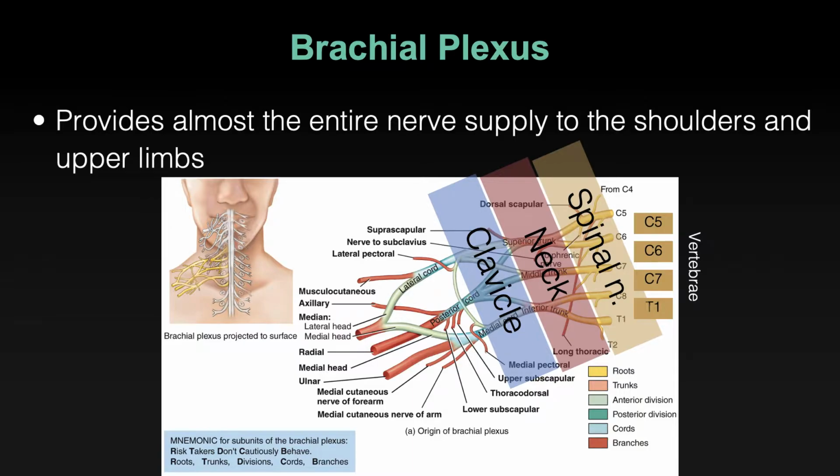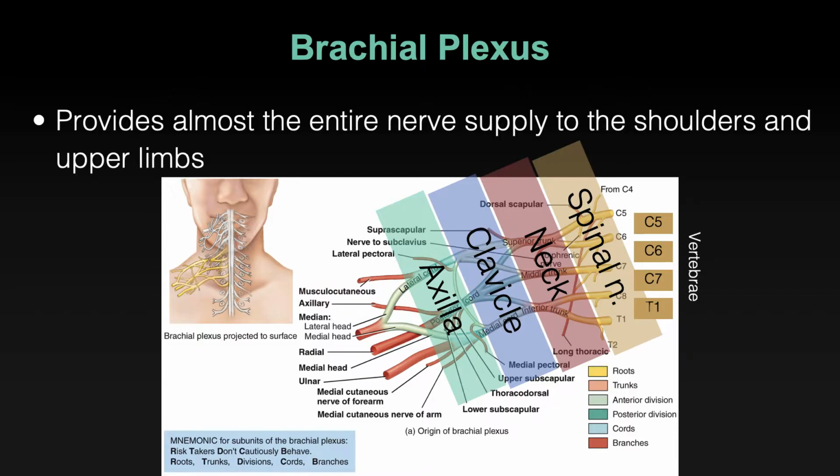The clavicle gives rise to cords, and there's very few modifications left. There's one obvious modification that I'll point out, and then in the axilla, or the armpit, under the clavicle, deep underneath the pectoral muscles, you find the nerves.